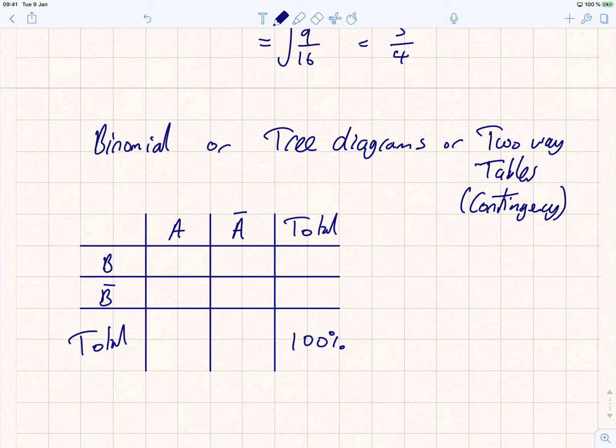The fact that A happens is 30%. The event that B happens is 60%, say. From this you would need one more bit of information. So let's say that neither event happens is 20%. I'll put 20% in.